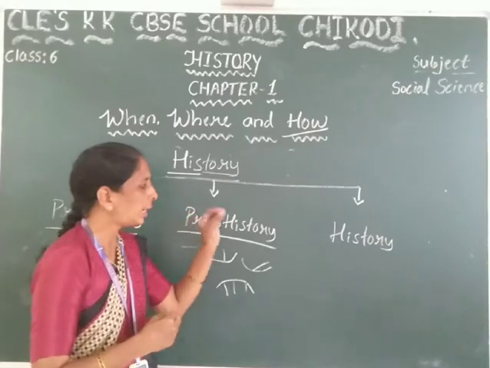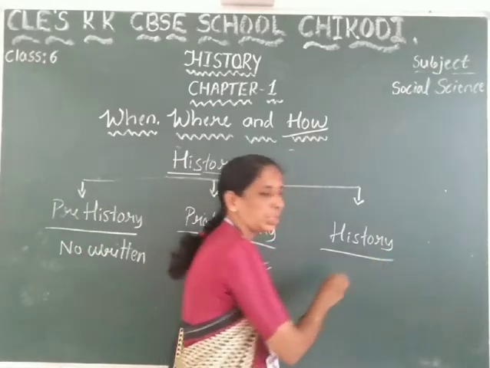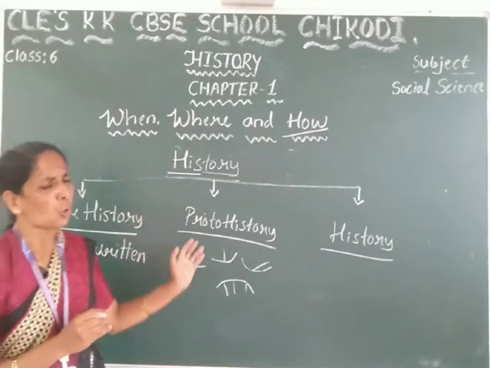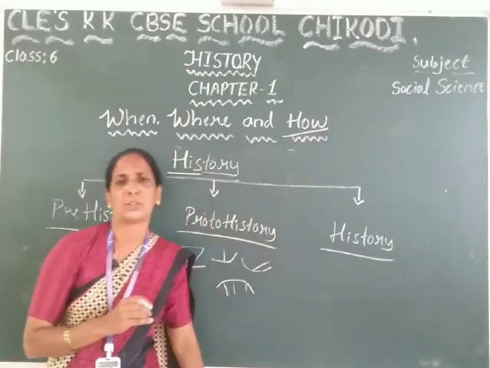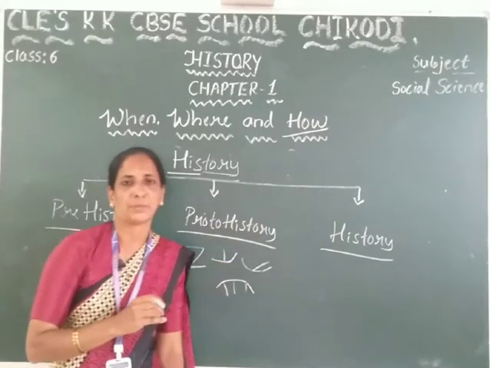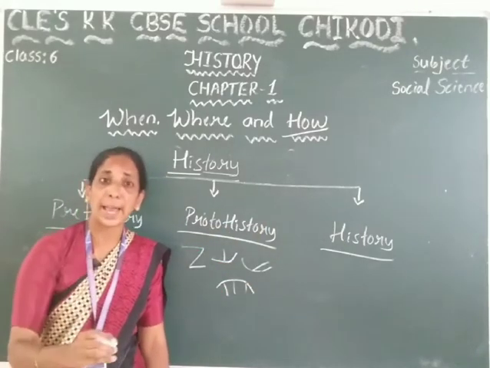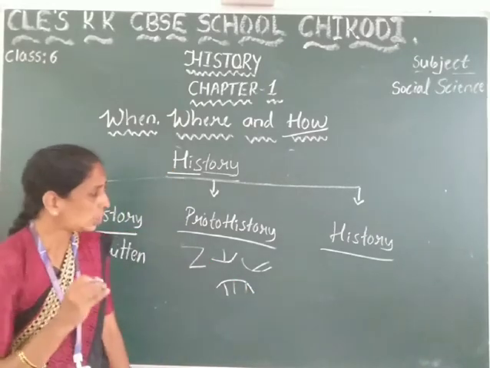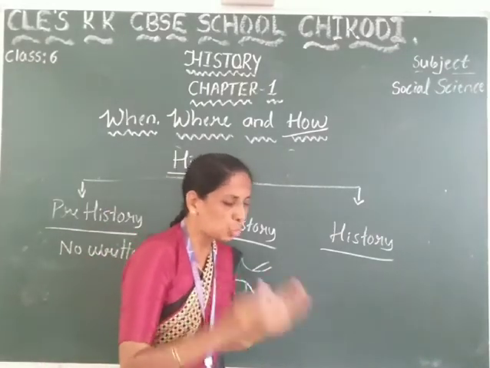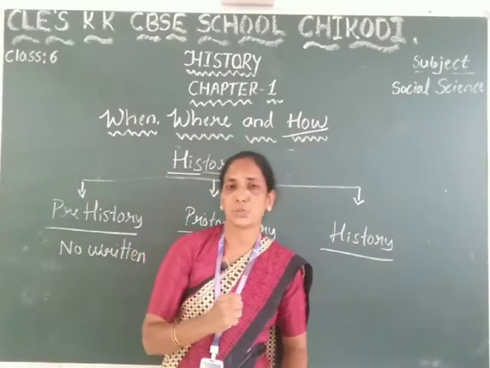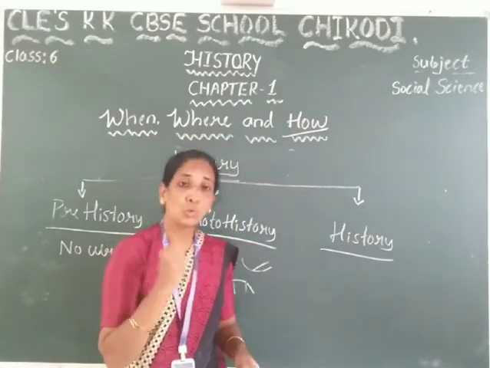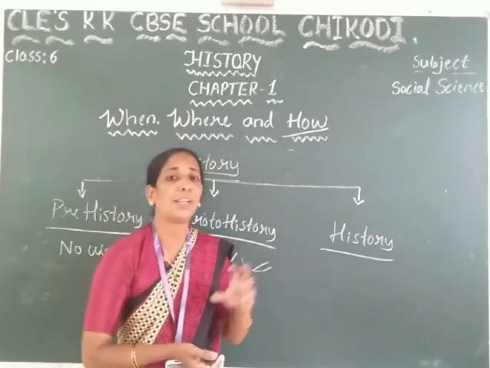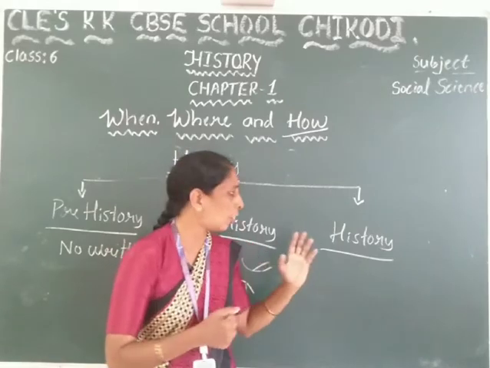Okay, and next is coming history. In history, some peoples developed, all peoples changed their lives. They settled their lives here. Some people know how to write, okay, how to read, and also we all understand what they wrote in the period of history.